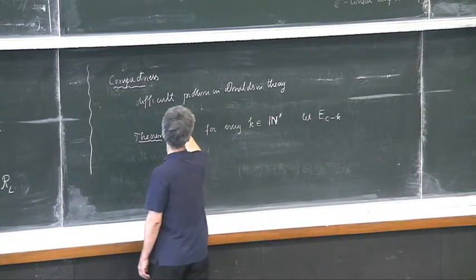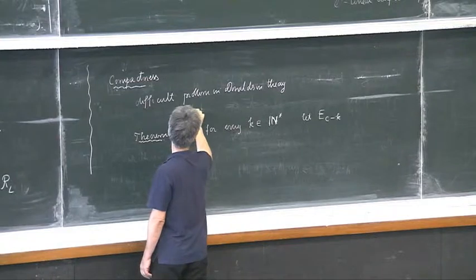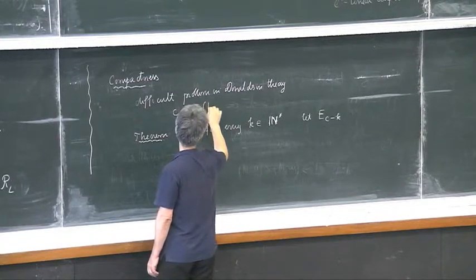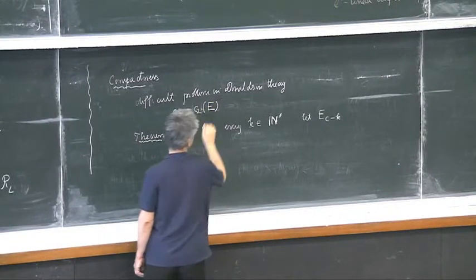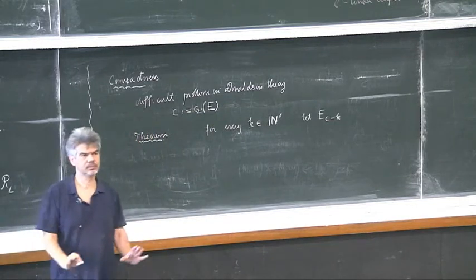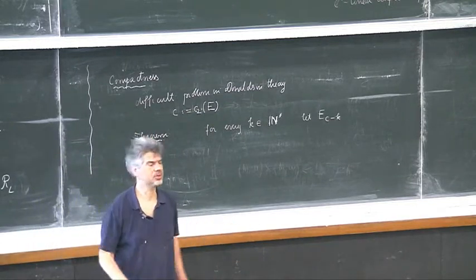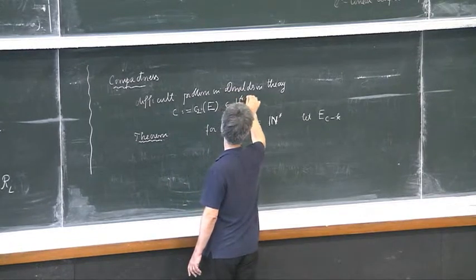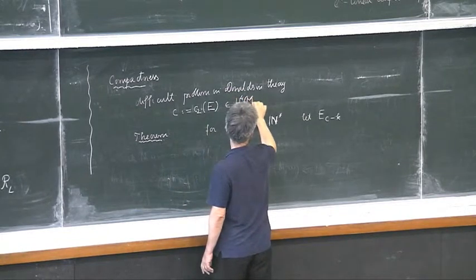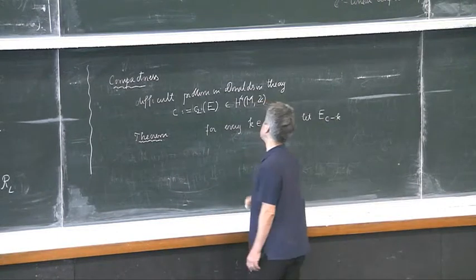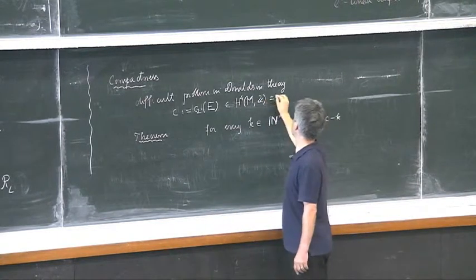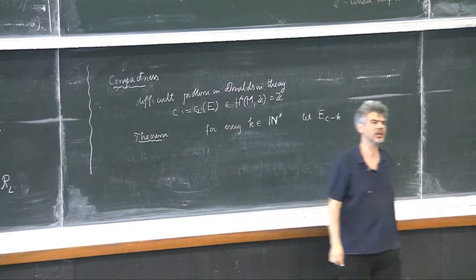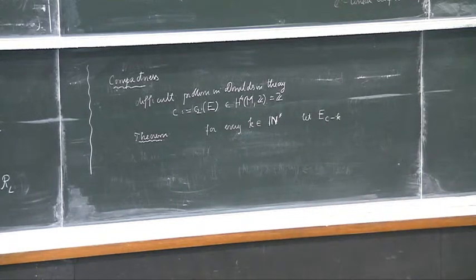So first of all, let C denote, by definition, the second Chern class of E. Yeah, this is my notation. This is an element of H4 of M and Z, which is, of course, canonically isomorphic, identical, because we fixed our orientation.